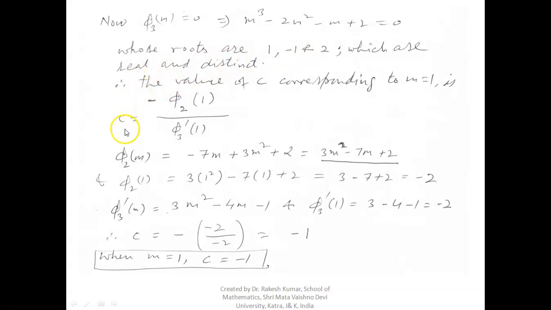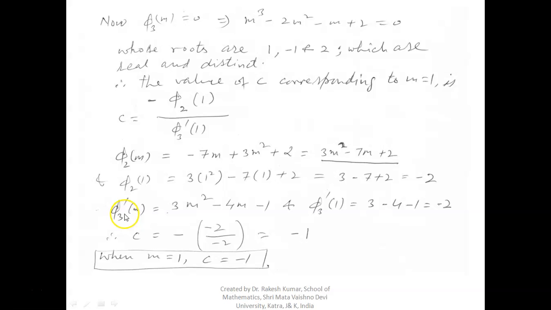Therefore the value of c is given by the expression minus phi 2(m) upon phi 3 dash (m). Phi 2(1), that is m equal to 1, comes to minus 2.